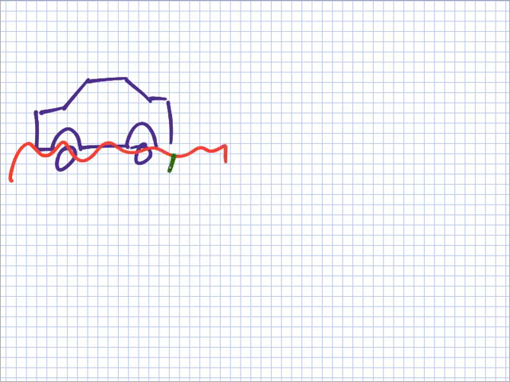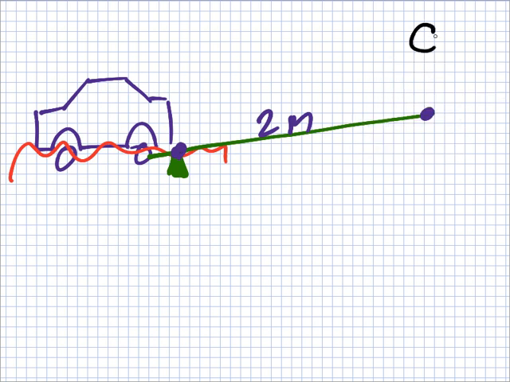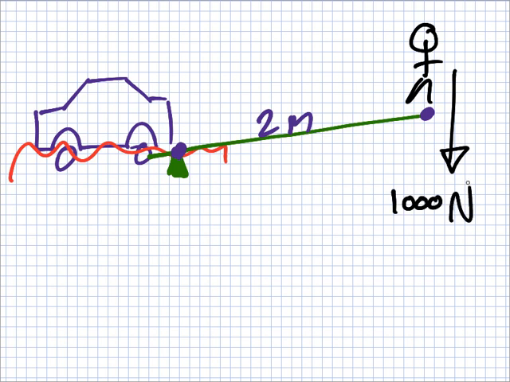So you stick a little rock here, and you get a big long stick, pole or something, and we'll say that it's 2 meters from here to here, and you're able to stand on this. You can push it down with 1,000 newtons. Really push down hard.